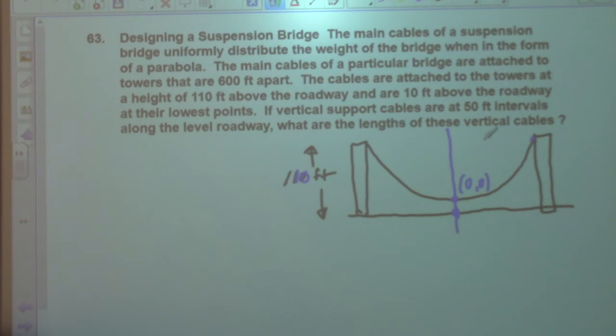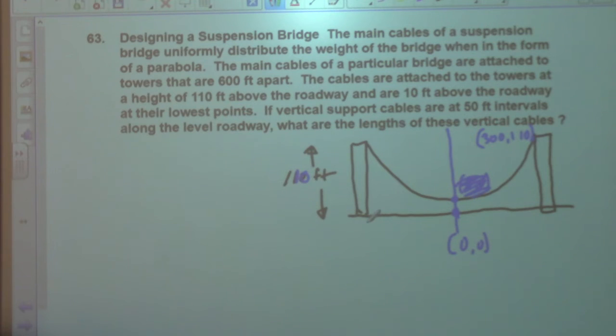So I'm going to put here 300, 110. Actually, it depends on what I make 0, 0. Because if I make this thing 0, 0 here, then this is going to be 110 here, right? Is there not a certain spot to make 0, 0?